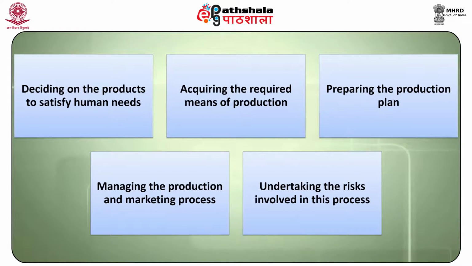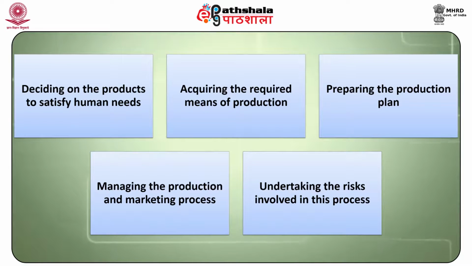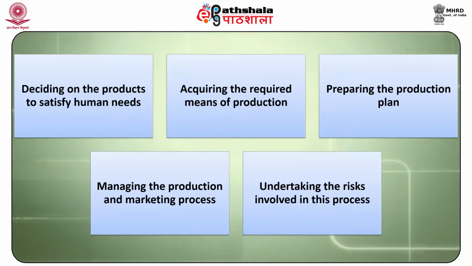Thus, the entrepreneur's functions consist mainly of deciding on the products to satisfy human needs, acquiring the required means of production, preparing the production plan, managing the production and marketing process, and undertaking the risk involved in this process. All these functions have been considered since Marshall as the 4th factor of production apart from land, labor and capital.